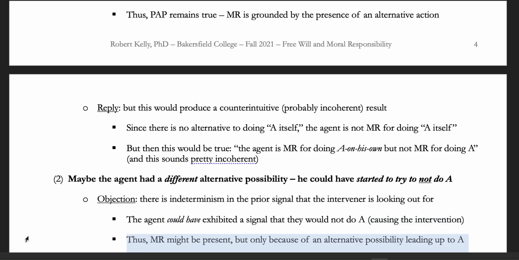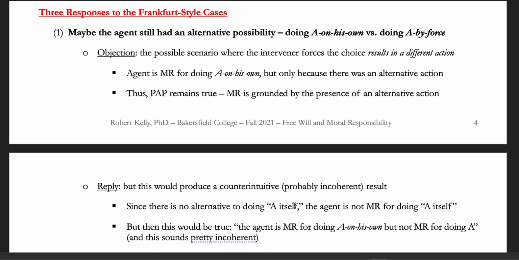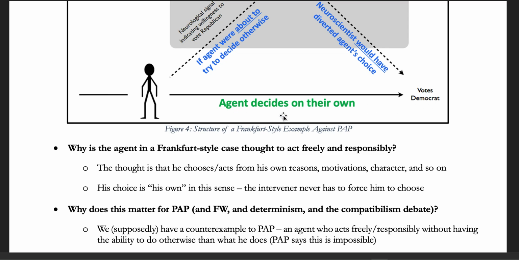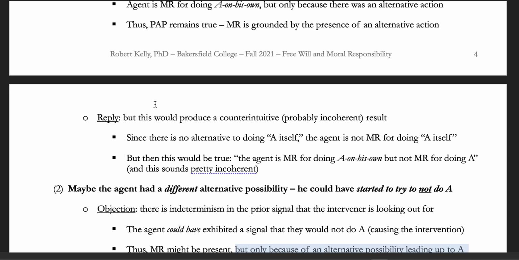Thus, it follows that if you think responsibility is present here, sure, maybe they're responsible, but only because of this alternative possibility. Right? So we try to save Pap that way. They say, fine, the agent is responsible for deciding on their own, but it's because you have this indeterminism right here. You have this alternative possibility. And maybe you guys were even thinking of that before as I was describing this.